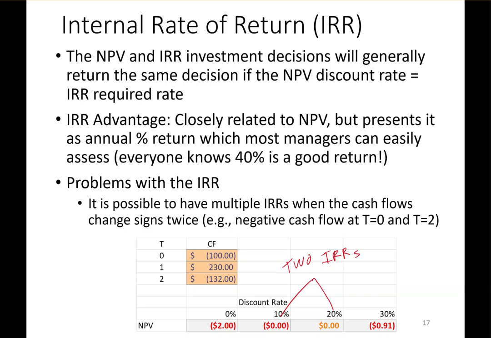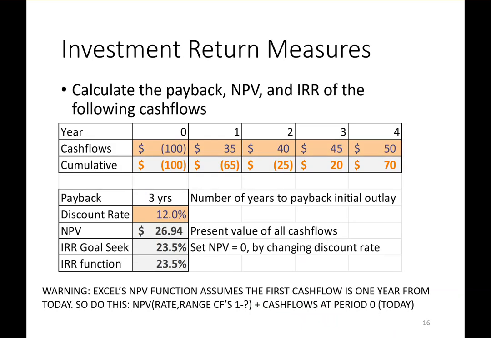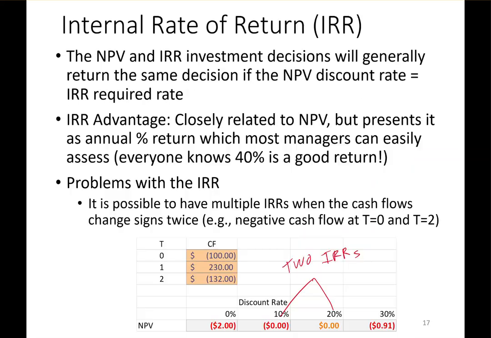The criteria for accepting a project for IRR is you accept any project that has an IRR greater than some minimal hurdle rate of return that you require. So if my minimum required rate of return for this project was 12%, and this project had a 23.5% return, you say, well, that's a good project. I only needed 12 due to the risk of the project, and it's giving me 23.5.